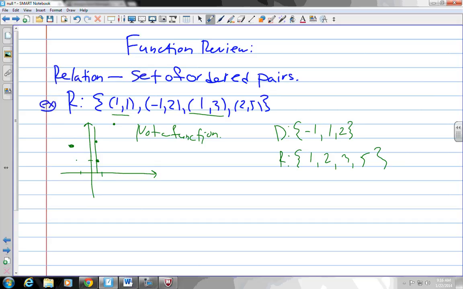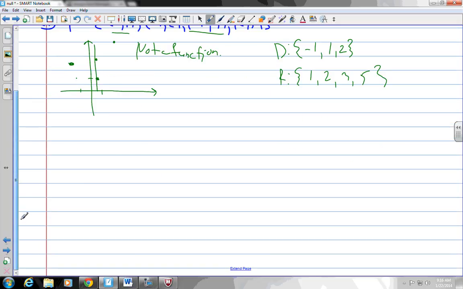So is that okay? You kind of remember that? If I give you a graph of a relation, let's consider something like this. What is this?